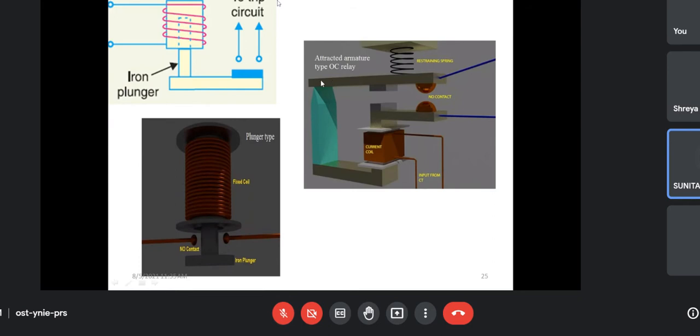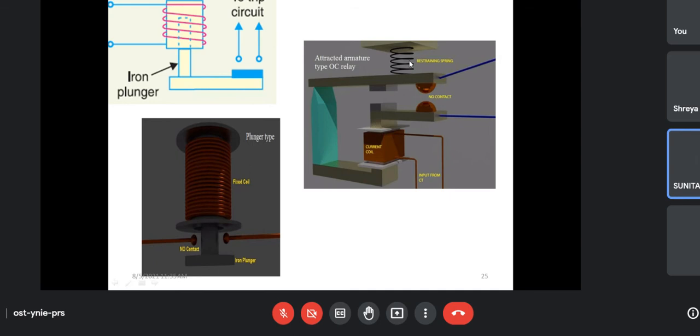Yes. Now in the attraction type, if this is the moving contact or armature, then it will move towards the lower direction when this current coil is energized above the pickup current, right? And in that case, this armature has to overcome this spring tension. That's why the spring is providing the restraining torque and the current will create the operating torque.